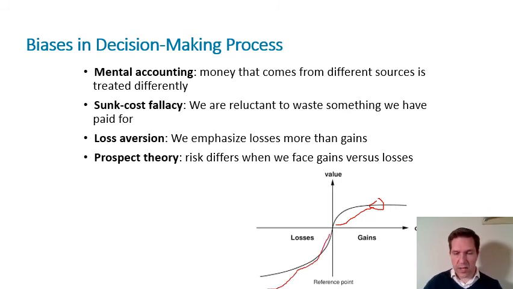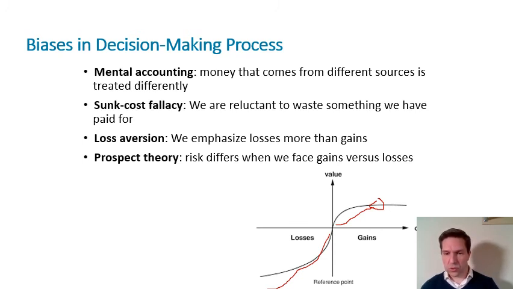So the losses are going to have a bigger impact on how we perceive value in a product over time, right? In fact, most research will show that losses are between 3 and 5 times more important than gains.